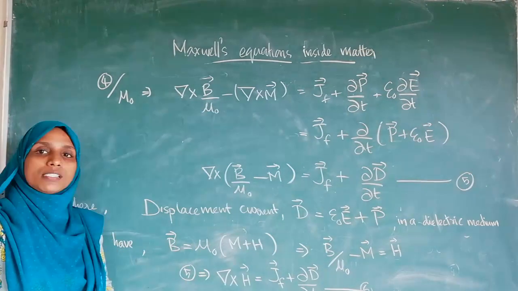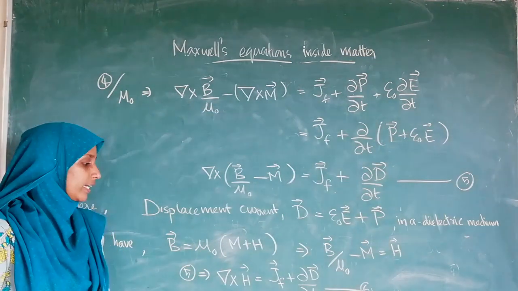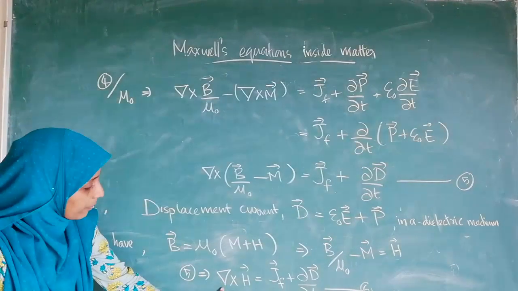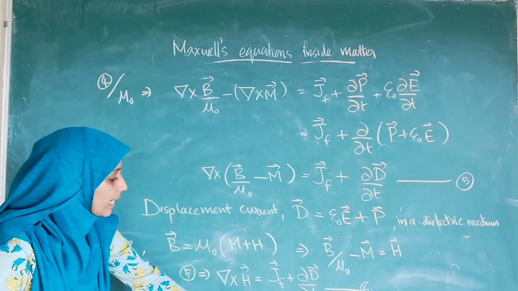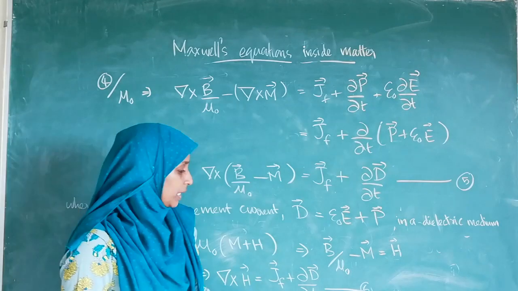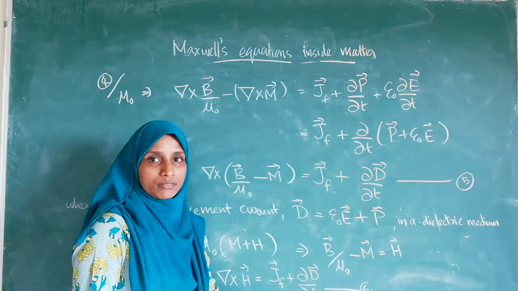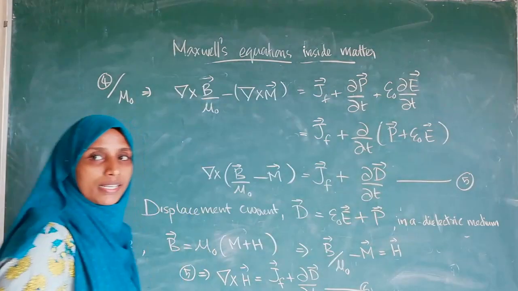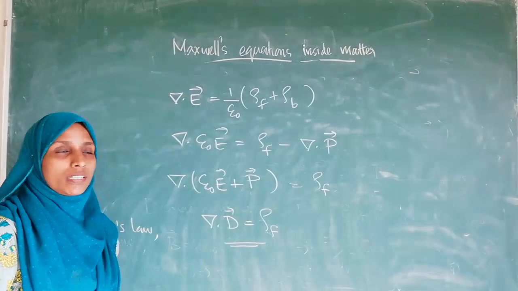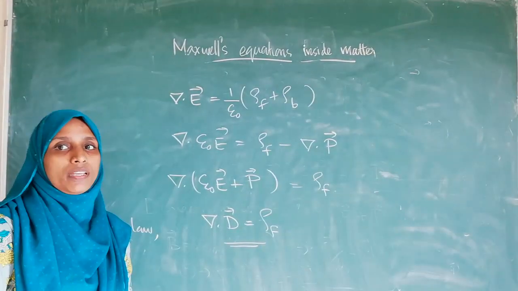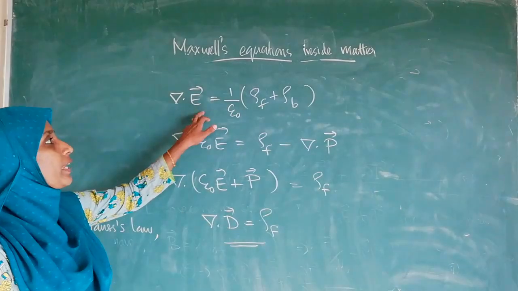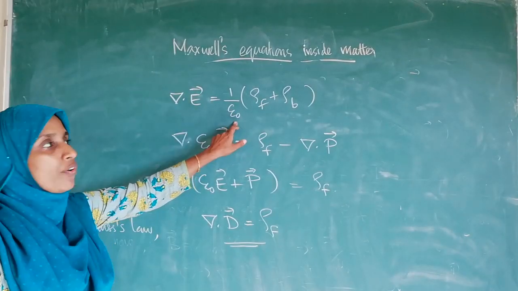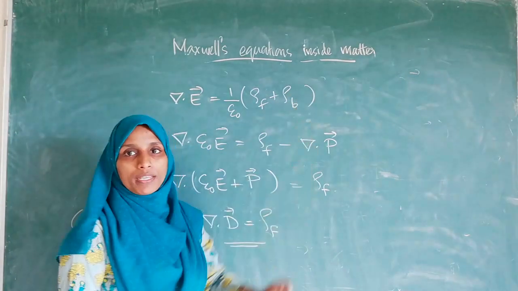So, Maxwell's modified fourth equation in a material will be ∇ × H is equal to Jf plus ∂D/∂t. That is equation number 6. In matter, Gauss's law also has to be modified. That is ∇ · E is equal to 1/ε0 (ρf plus ρb).